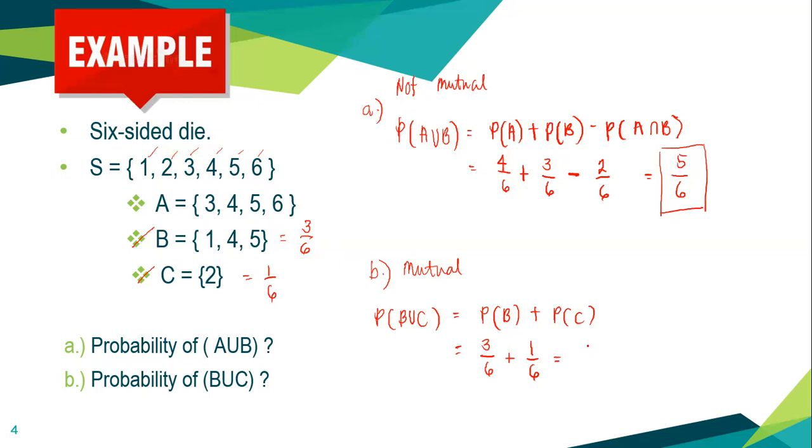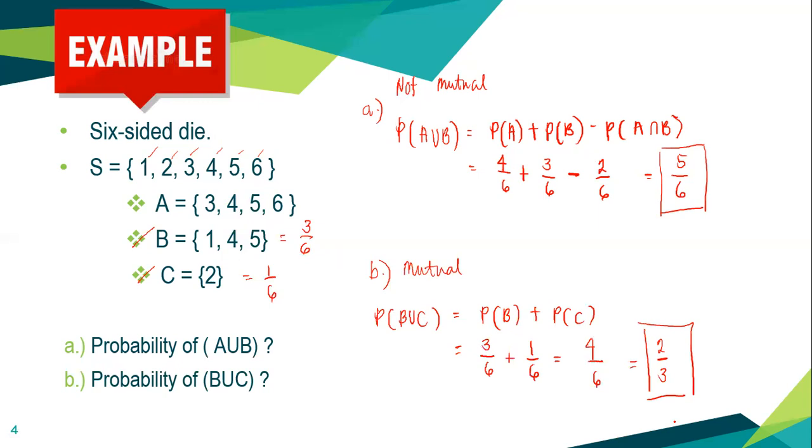That is equal to 3 plus 1 is 4 over 6. Any lowest form? Yes, we have. That is 2 over 3 or 2/3. So 2/3 is your final answer for letter B. Okay? Mas lumilinaw na ba?